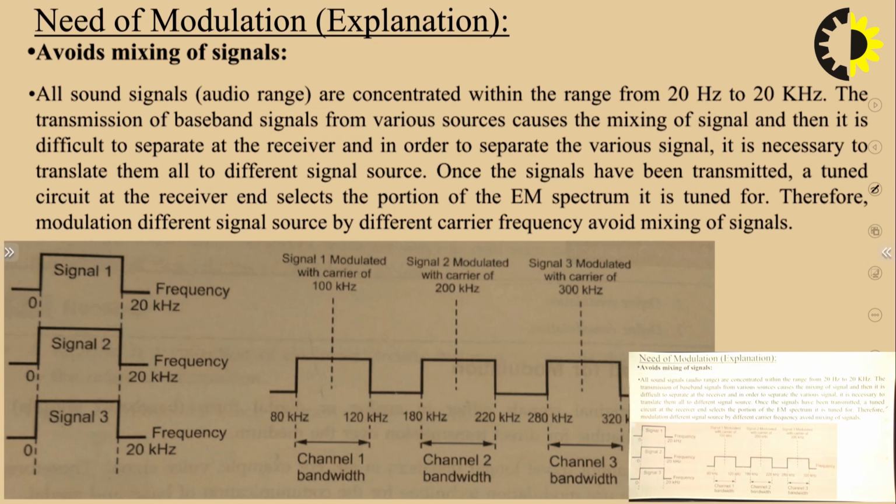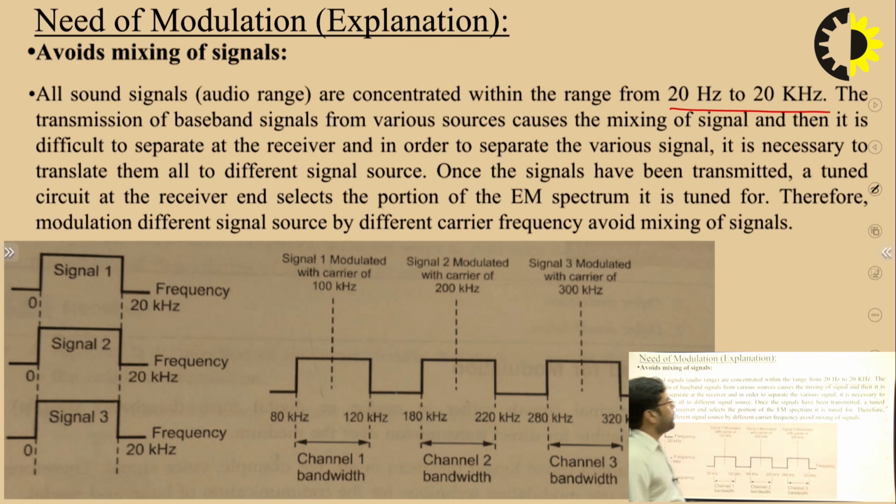As you can see, all the sound signals are within the range of 20 hertz to 20 kilohertz. The transmission of baseband signals from various sources causes mixing of signals, and then it is difficult to separate them at the receiver. In order to separate the various signals, it is necessary to translate them all to different signal sources.